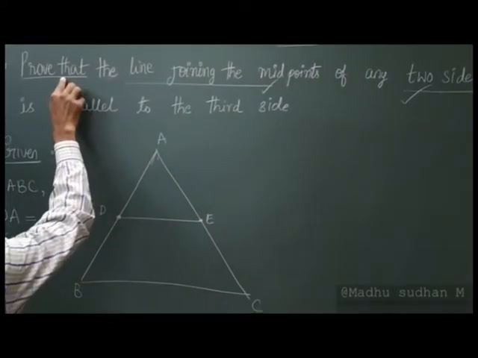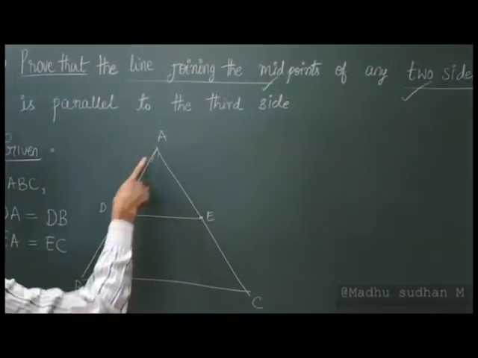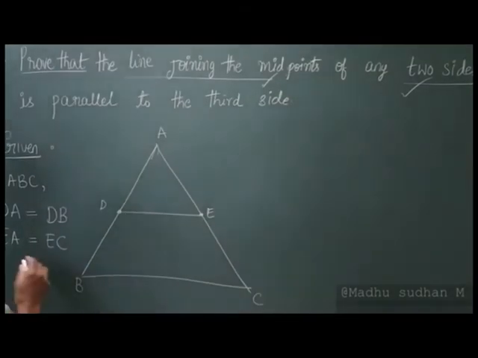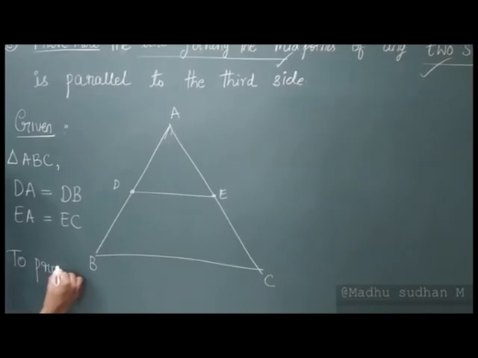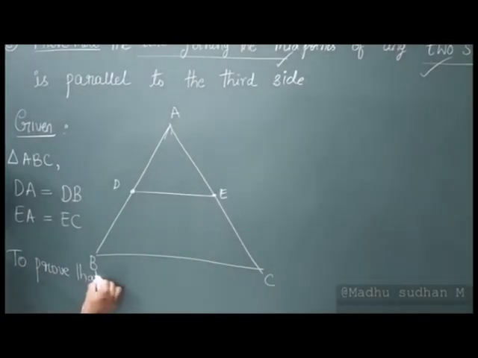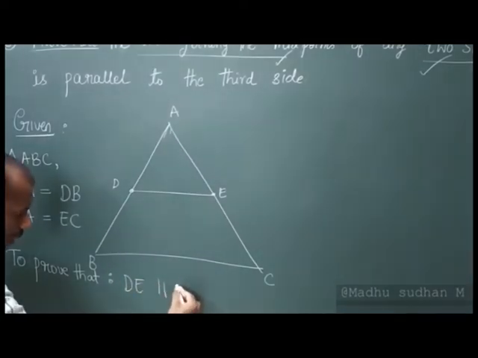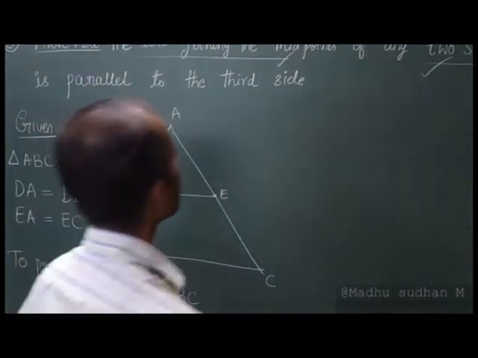So I need to prove that whenever D and E are the midpoints of AB and AC respectively, then to prove that DE is parallel to BC.